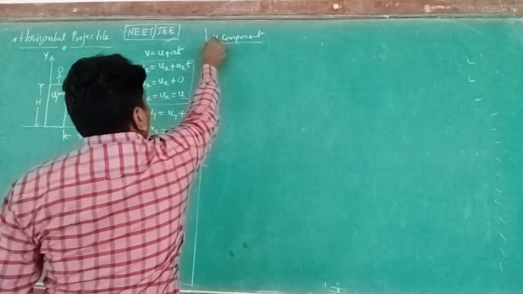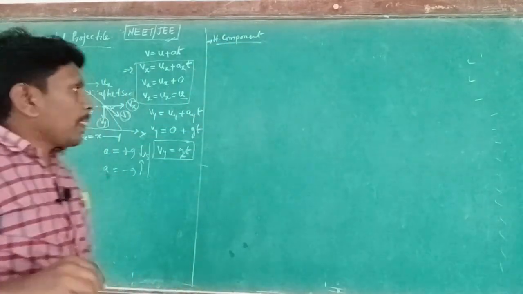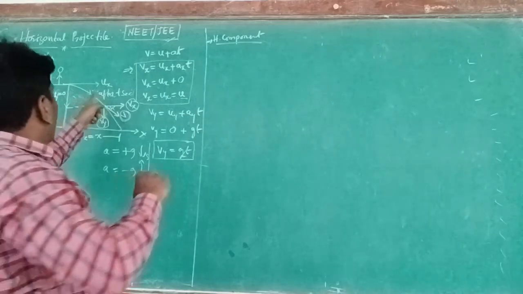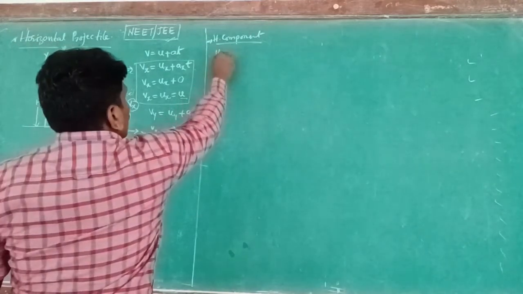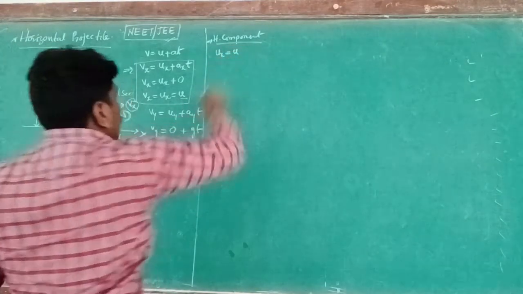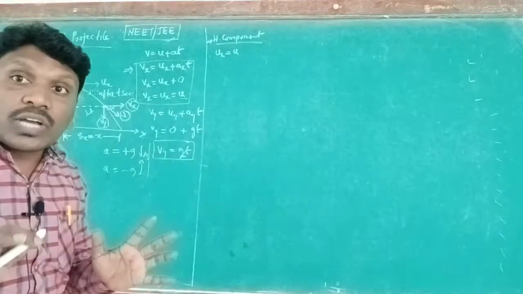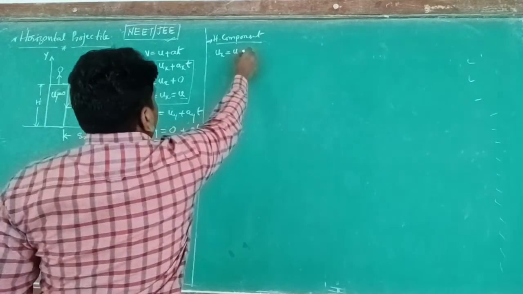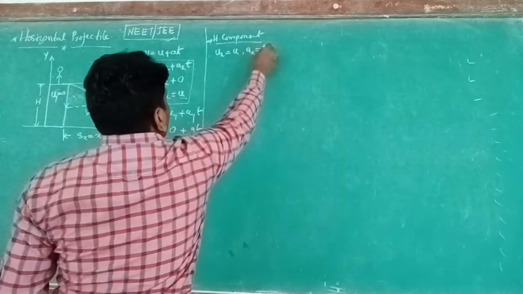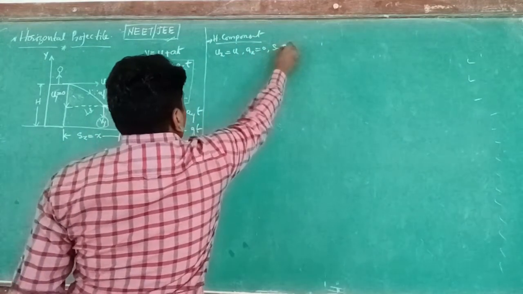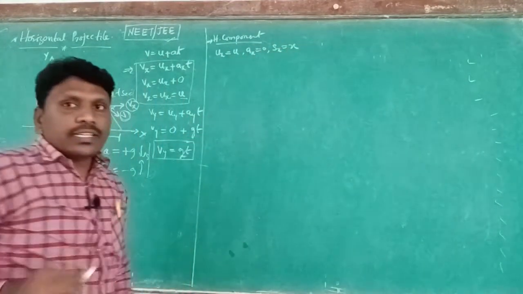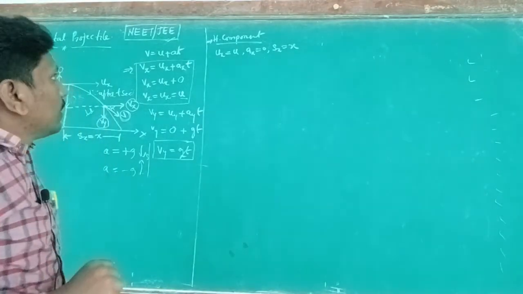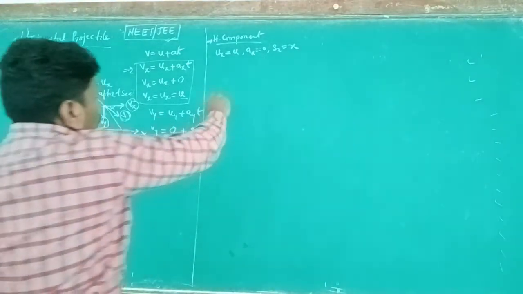What are the horizontal components? For the horizontal component, ux is equal to u. There is no u cos theta, only u. And ax is equal to 0 and sx is equal to what? Yes.